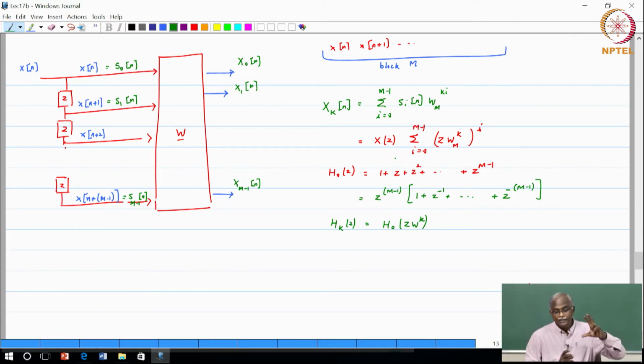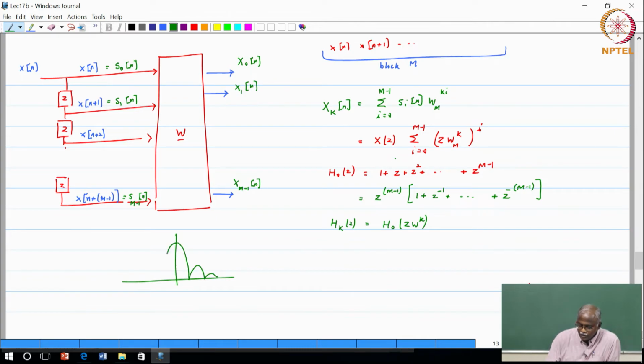Now, if you change the delay, keep the DFT matrix the same, instead of the delay chain, make it into the advance chain, then what do you get? The sequence comes out again in the correct form. So, when I do the DFT, what is x1, the second DFT coefficient? It is nothing but the output of the filter that is just adjacent to the low pass filter.